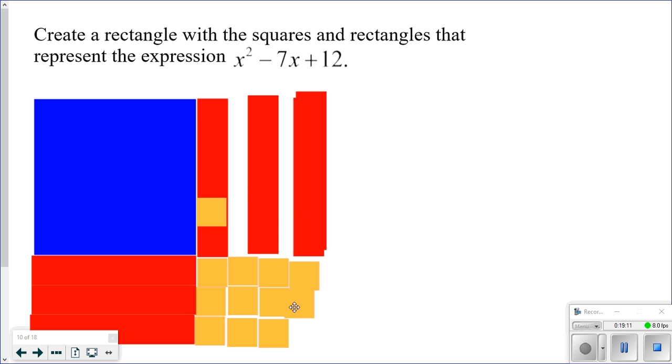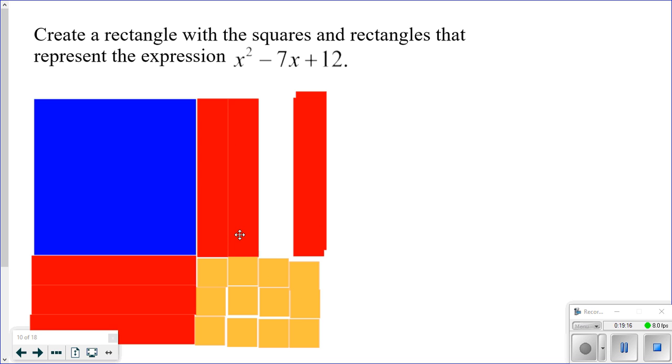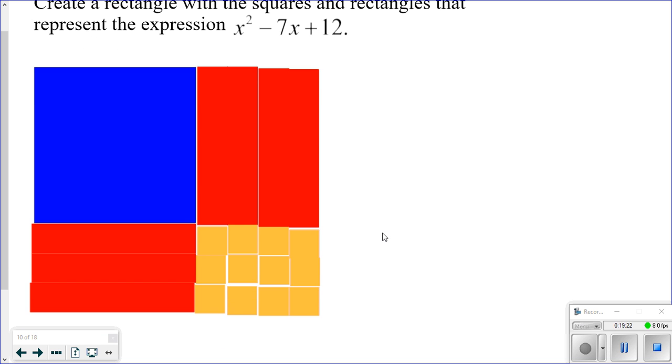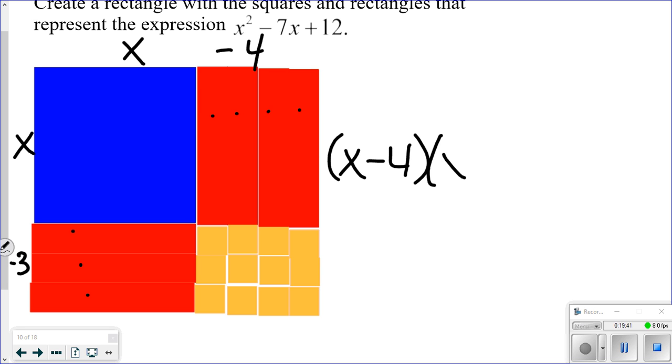So what would our two answers be here? X, they're red, so it's going to be negative, and there's 1, 2, 3, 4 of them. X, 1, 2, 3. So my two factors are x minus 4 and x minus 3.